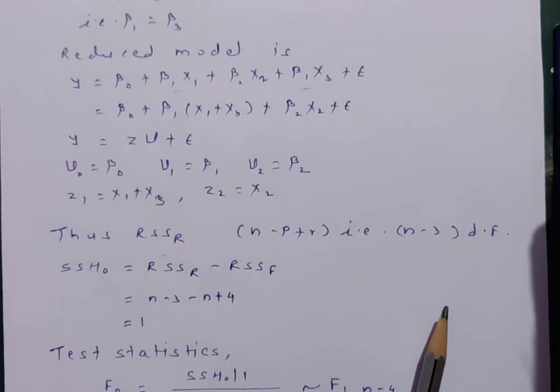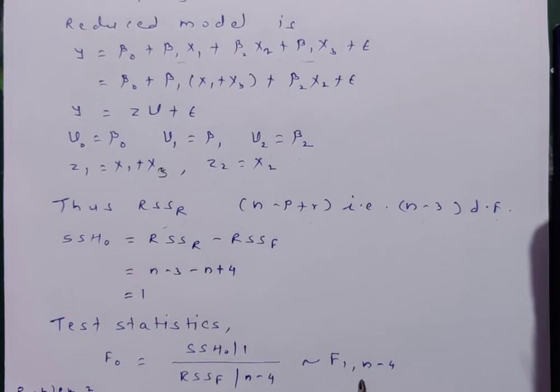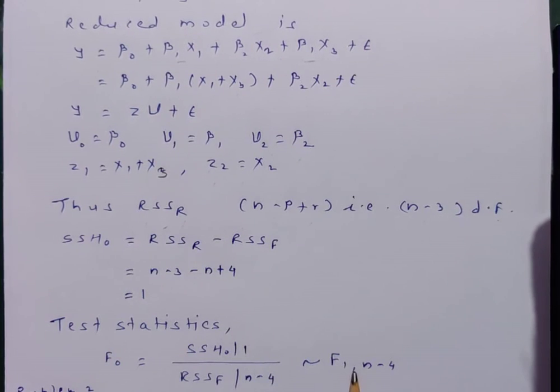So for SS H naught, the degrees of freedom is 1. The test statistic is F naught equal to SS H naught divided by 1, divided by RSS F divided by n minus 4, which follows an F distribution with 1 and n minus 4 degrees of freedom. So this is the solution of my problem. If F naught is greater than this value, then we reject H naught, otherwise we accept H naught.